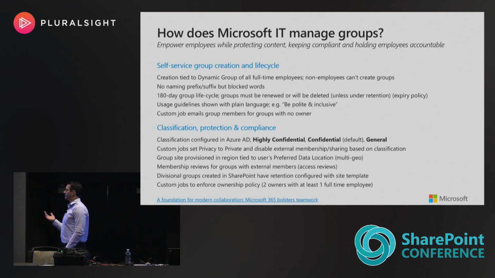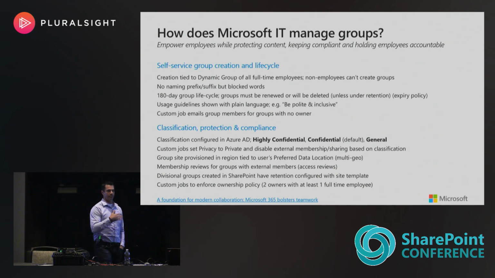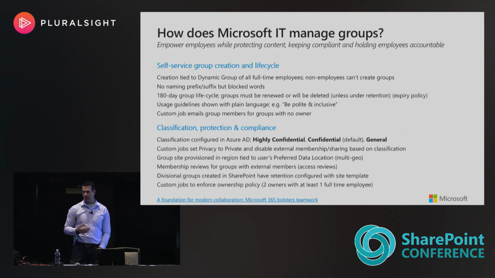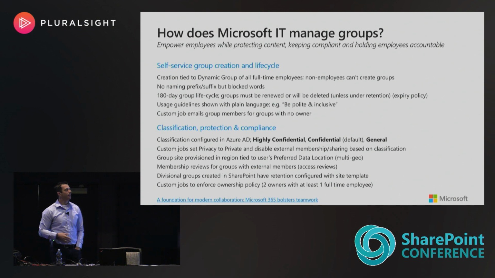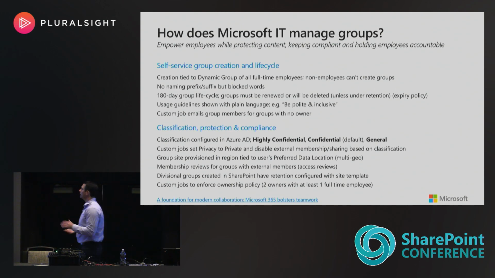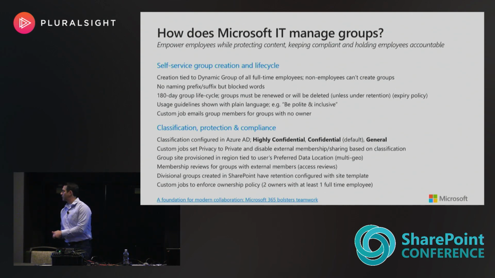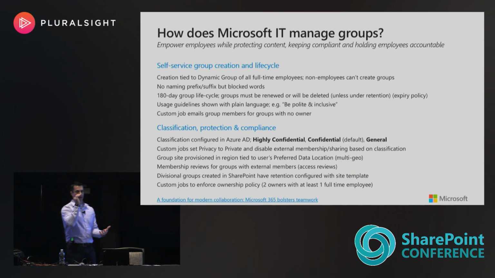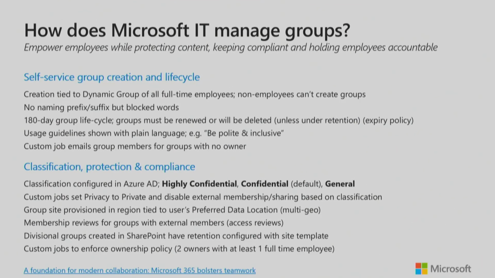We have usage guidelines, and they're very generic. Be polite in terms of your experience with these groups. Be inclusive. Of course, there are always processes to handle conversations if they come up. From a classification perspective, we do require every group creator to indicate if it's low, medium, or high in terms of how confidential the content is.